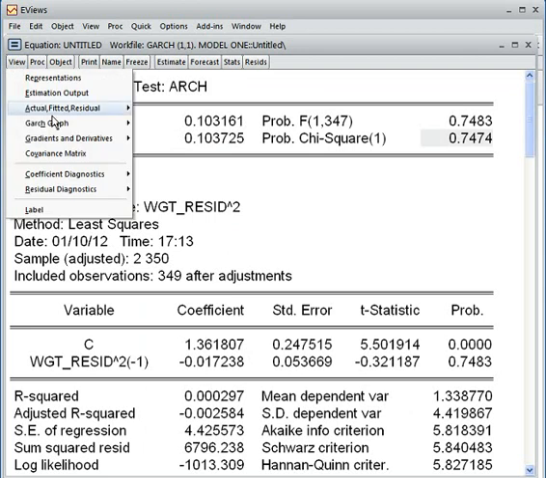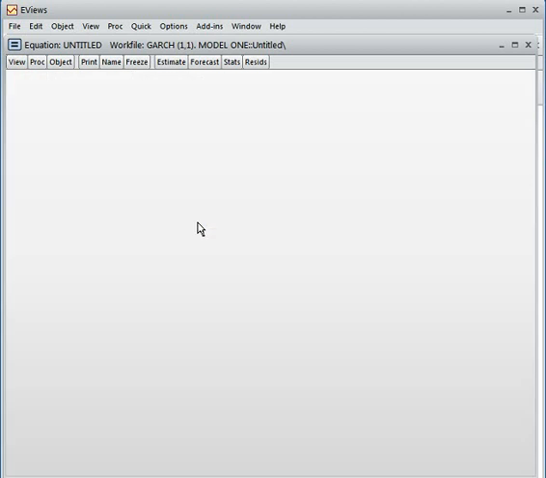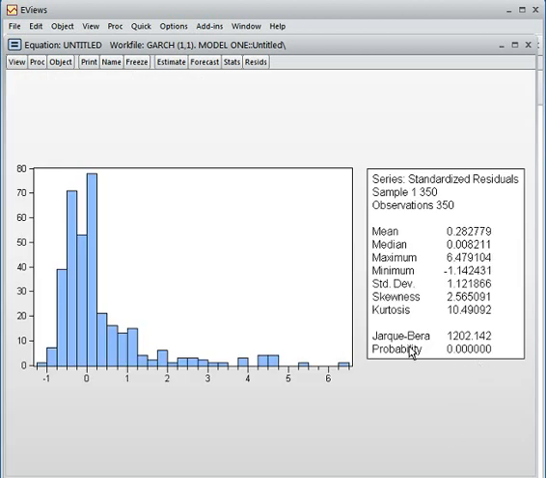We check the third one, Residual Diagnostics, and we check the test of normality, and this is the Jarque-Bera, and the corresponding probability is less than 5%, meaning that we can reject the null hypothesis and accept the alternative. What is the alternative? Residuals are not normal.